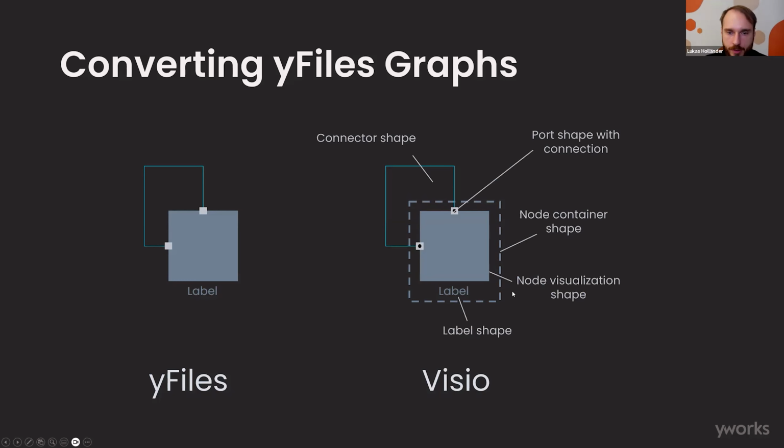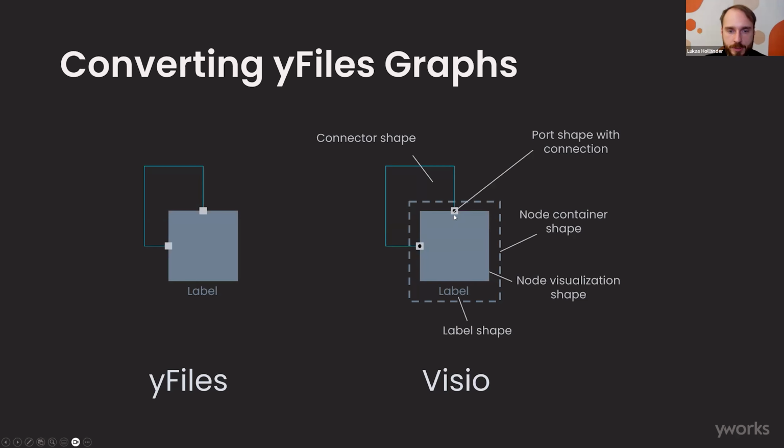First, each node has a container shape, and inside of this container shape, there is one shape for the node visualization, and of course, child shapes if you want. And then there's a shape for each label of this node inside the node container shape. And also there are shapes for each port.